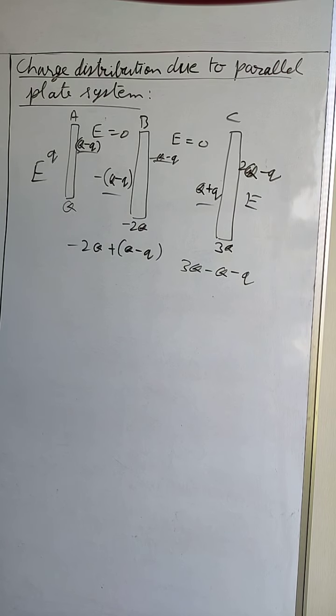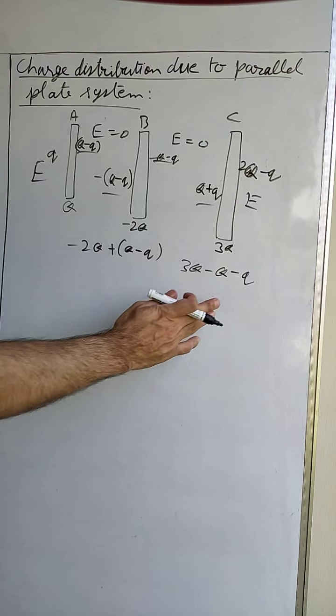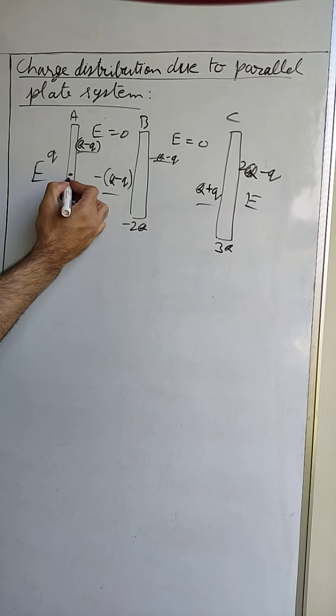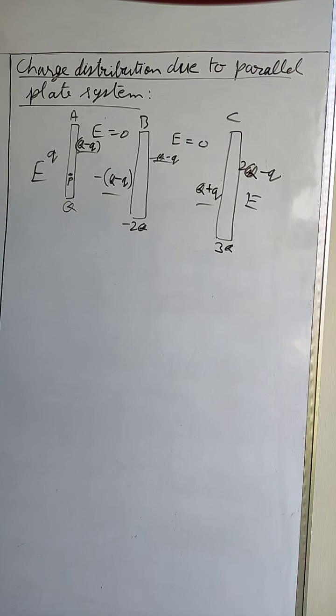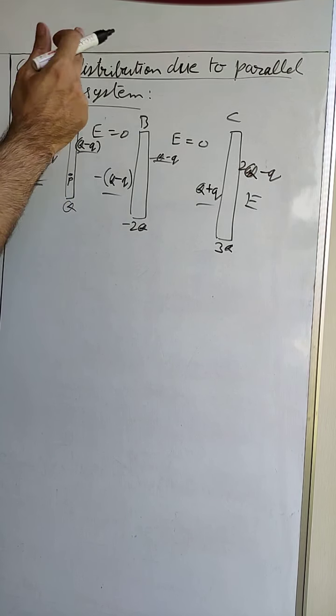Let us further extend this illustration. Let us say in the same case we take a point P inside the metal plate A. Now if point P is here, the net electric field at P will only be due to the charge on this surface and this surface, whatever this charge is, positive or negative.